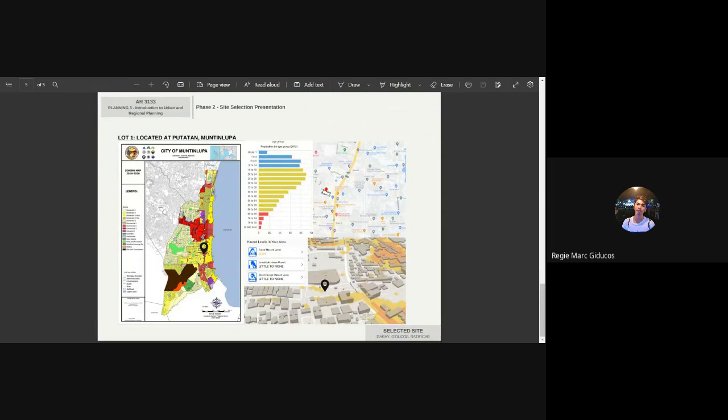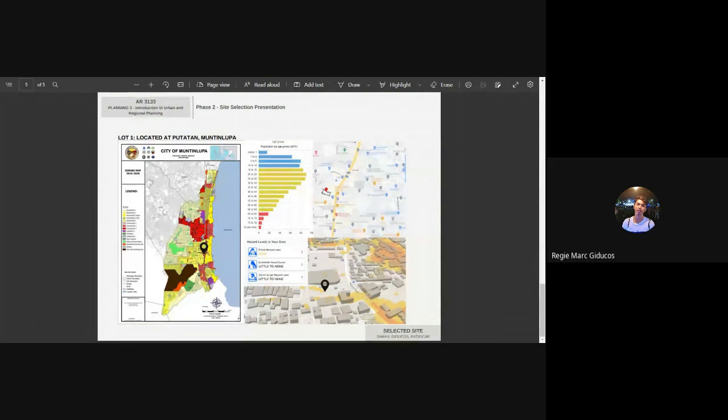So the site that was selected was the first lot, which is located at Putatan, Muntinlupa, and it is in a commercial zone, which is identified as Commercial 2. It also has the majority of demographics in the workforce, which is from 15 to 64.